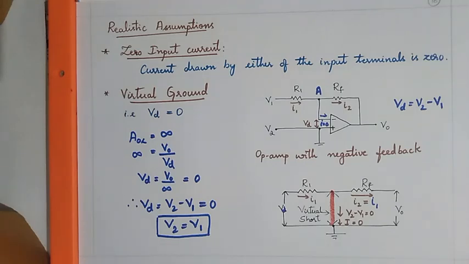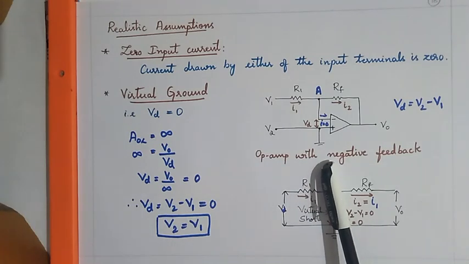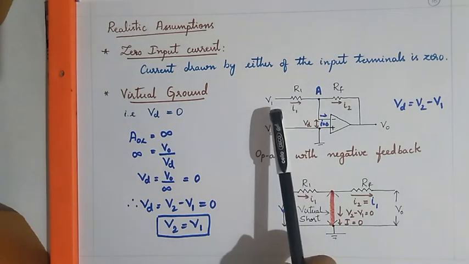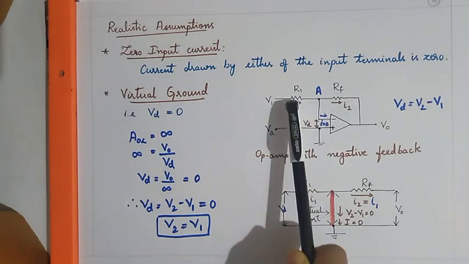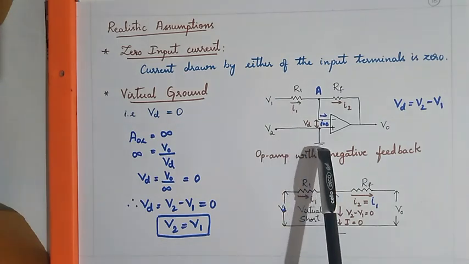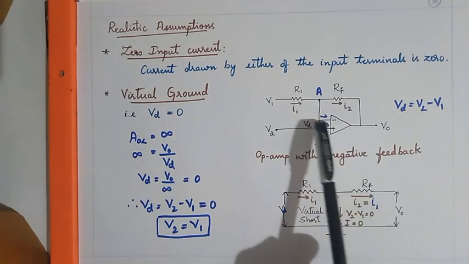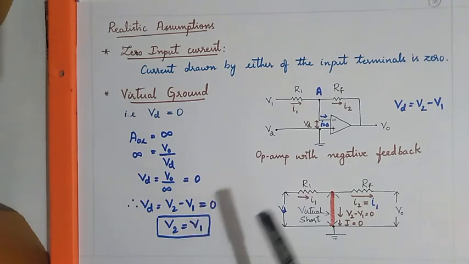Next, virtual ground. This means the differential input voltage VD, that is between the non-inverting and the inverting input terminals, is essentially zero. Here we have an op-amp circuit with negative feedback, wherein the input Vi is connected to the inverting terminal through the resistor R1. The non-inverting terminal is grounded, and a feedback resistor is connected between V0 and the inverting terminal.